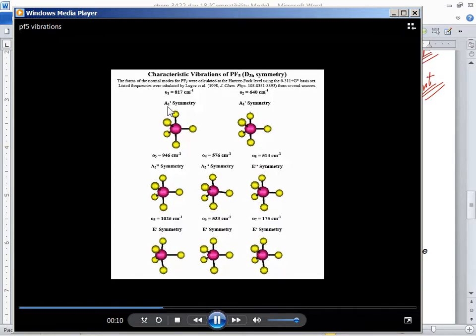When you see an A1, that means totally perfect symmetric motion. So look at this guy. This is another one that Andrew picked out, where you had two going, right? Another perfectly symmetric vibration.